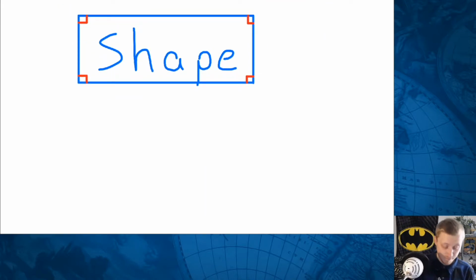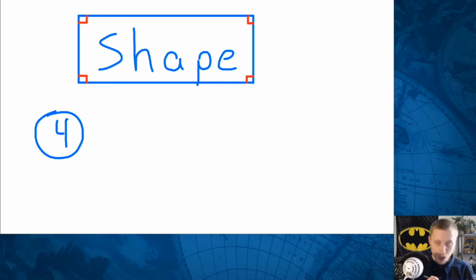So, for example, let's start off with our favorite number 4 from earlier. What shape comes to mind when I say 4? I would hope most of you think of a square.